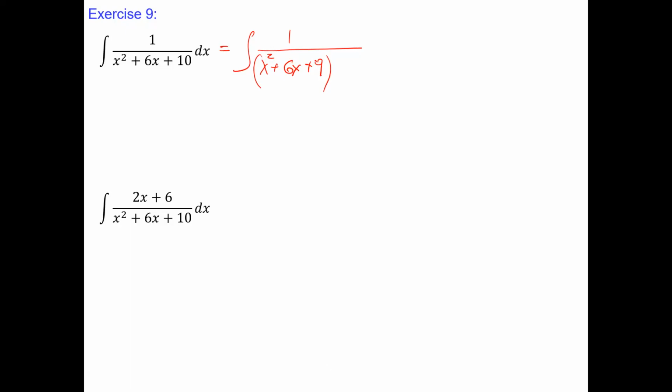And if I added 9 and I had 10, it will be 1. Let's rewrite this: x plus 3 squared plus 1 dx. And if we let u be x plus 3, u squared plus 1, the derivative of u, du, will be dx.